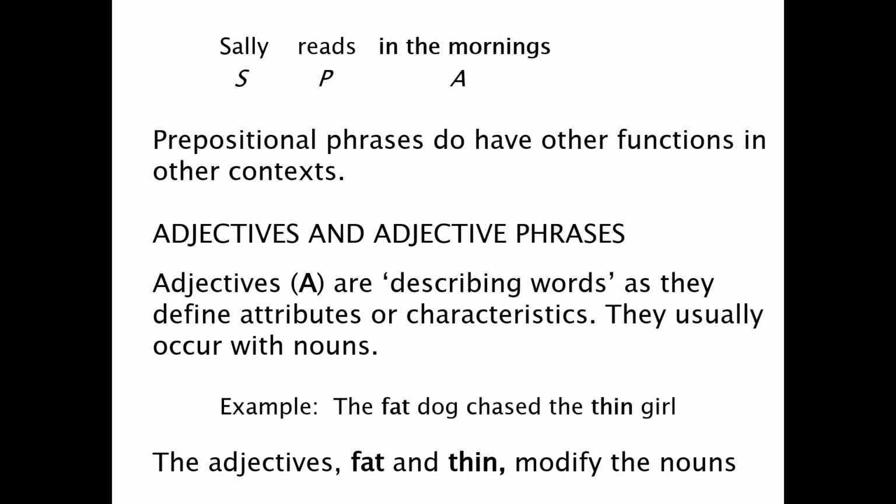Adjectives and adjective phrases. Remember that an adjective is not only realized by one word. If I say the man who lives next door is a policeman, then who lives next door is an adjectival. Adjectives are describing words.